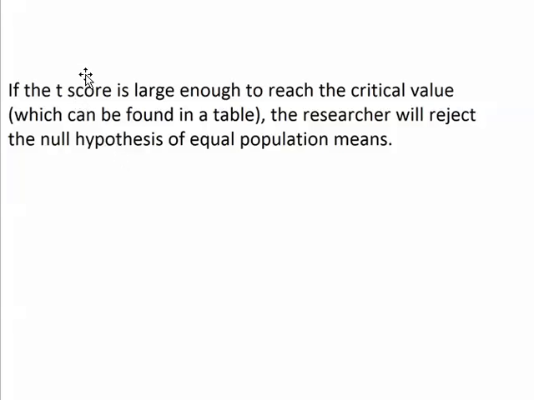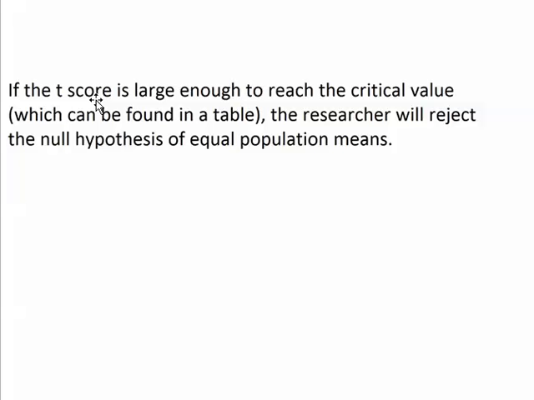In any type of hypothesis test, the test statistic is just the value that's compared to the critical value to make a decision about the null hypothesis. And in a two-sample t-test, the test statistic happens to be called a t-score.